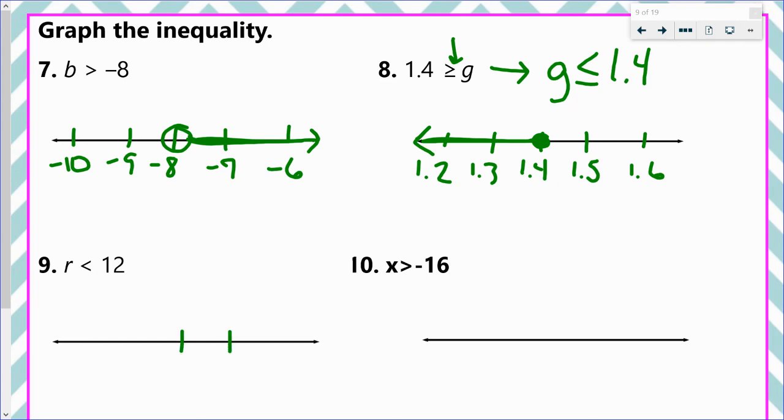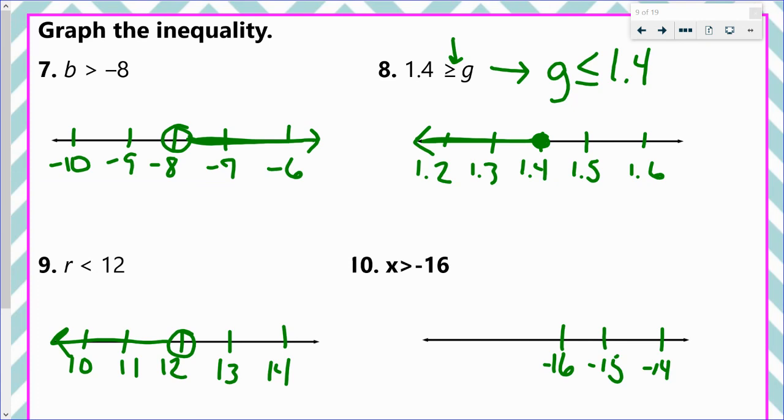Okay, next one. R is less than 12, less than, open circle on 12, shading to the left. And then we have x is greater than -16. x is greater than, open circle on -16, shading to the right.